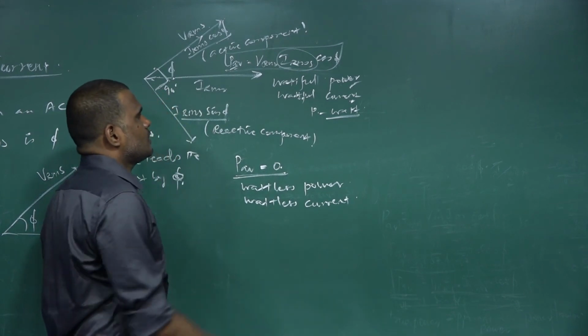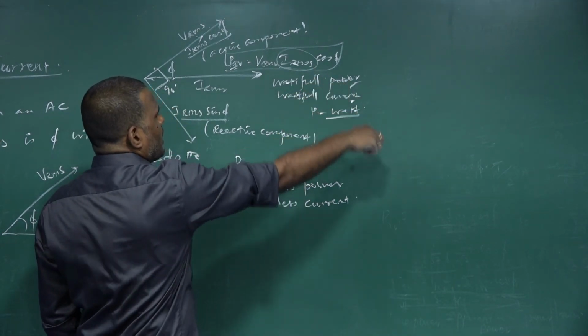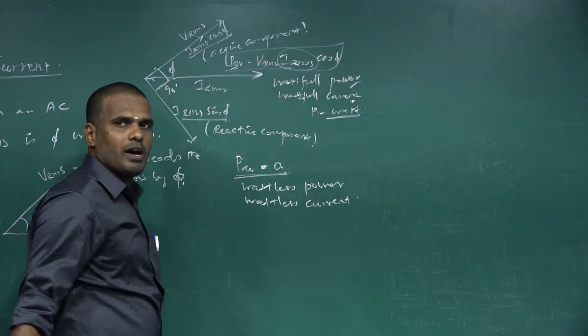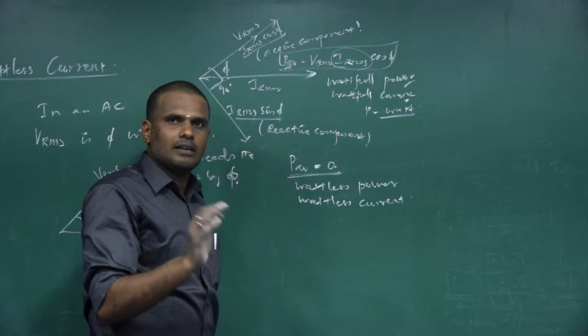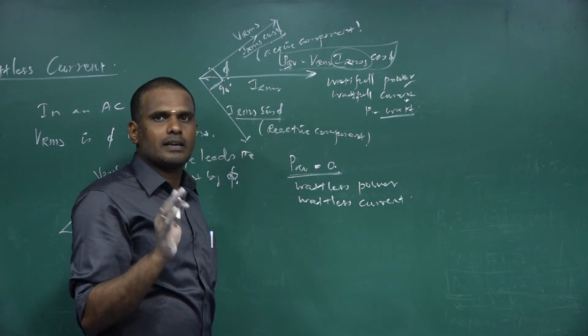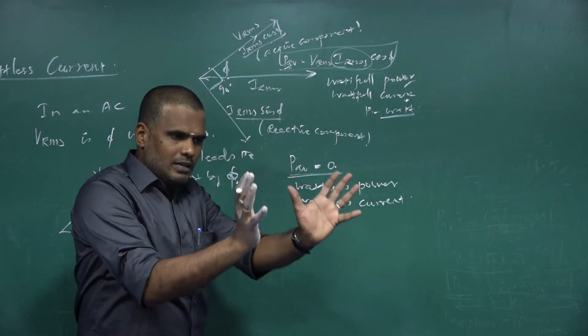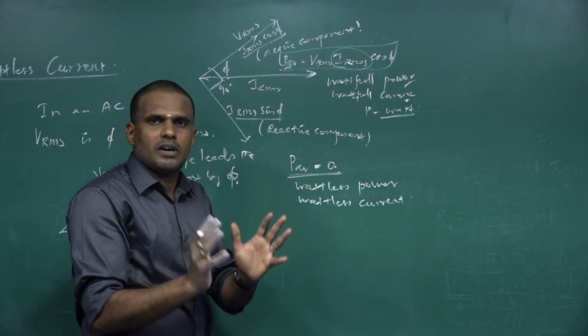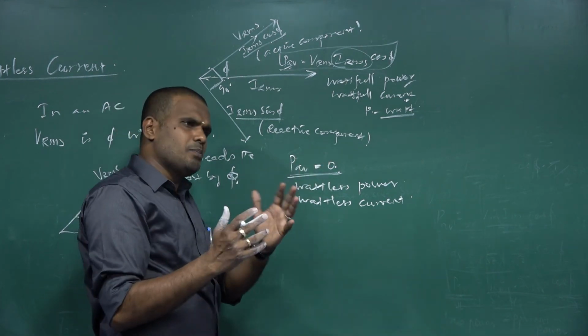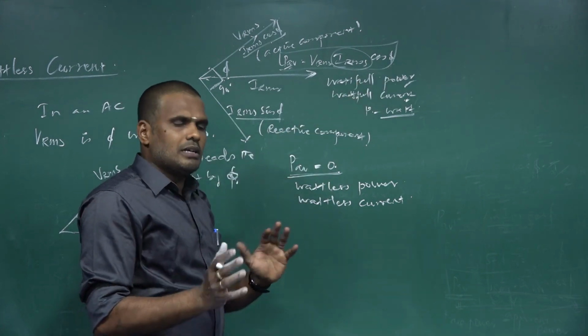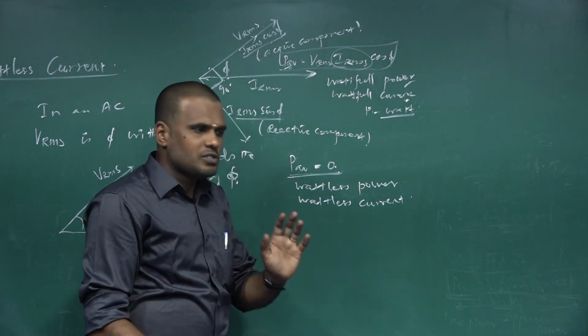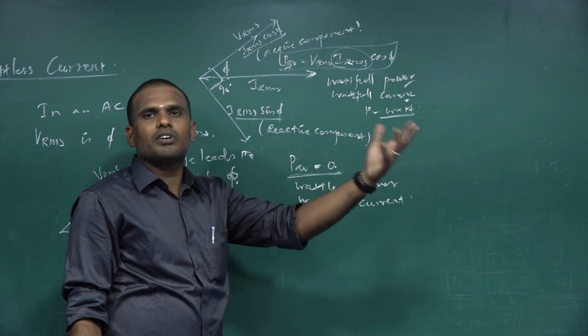So this is wattful power or wattful current. This one is wattless power or wattless current, which means this component of current does no useful work in the circuit. If you are providing a certain amount of energy, 100%, 50% or 60% of the energy, it all depends upon the value of the phase angle phi. This much energy is consumed by the circuit and converted into useful work.